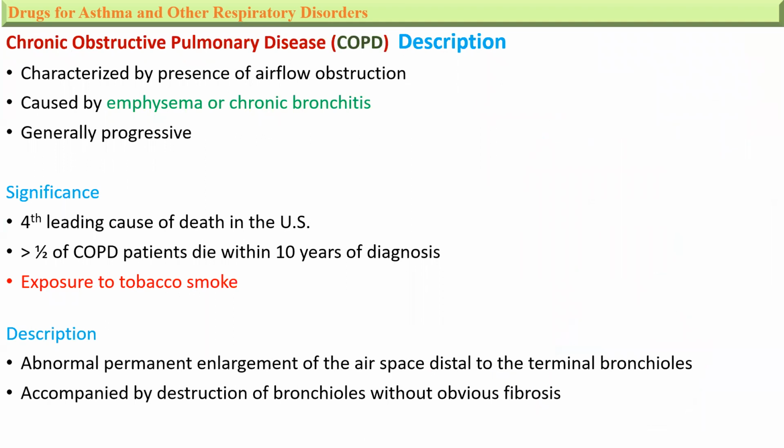COPD is characterized by the presence of airflow obstruction. Again, it's caused by emphysema or chronic bronchitis, a very progressive disease, maybe accompanied by airway hyperreactivity, and maybe partially reversible.